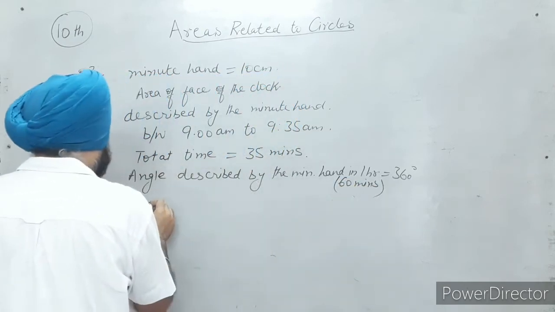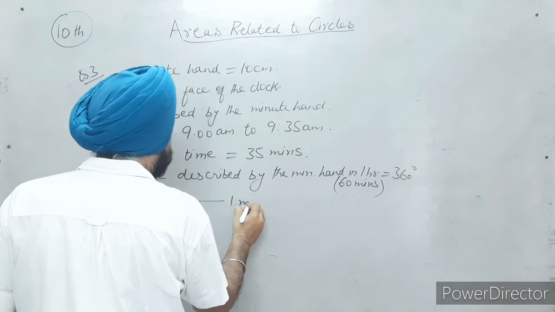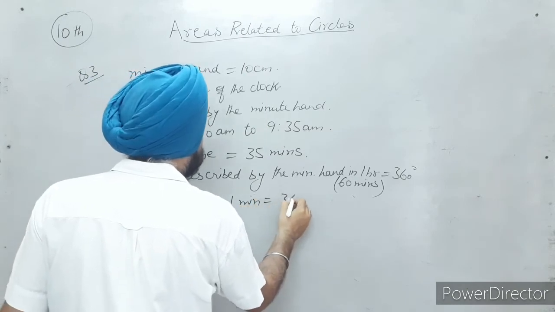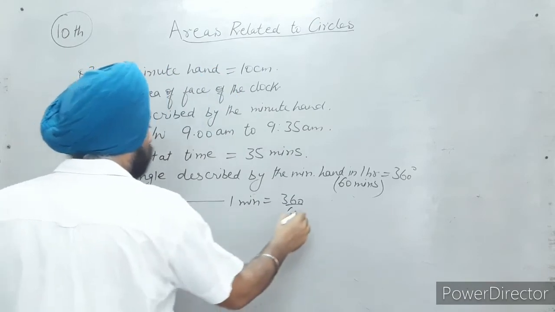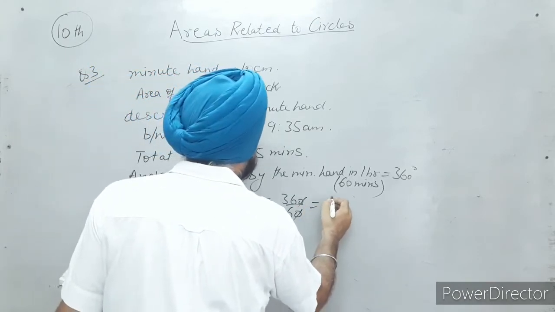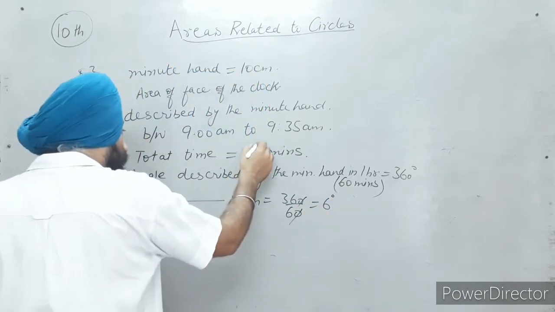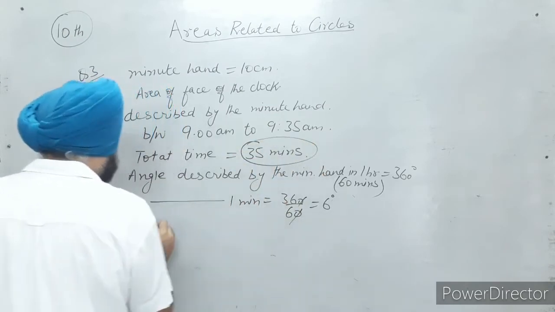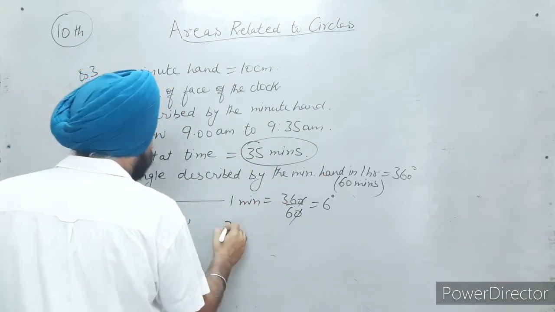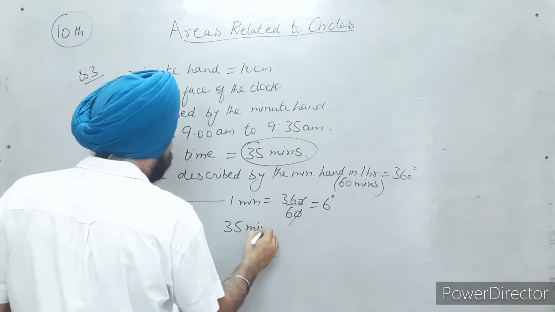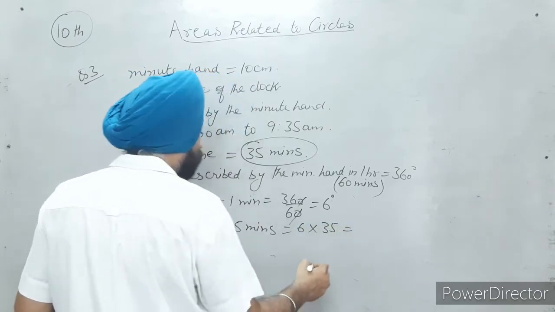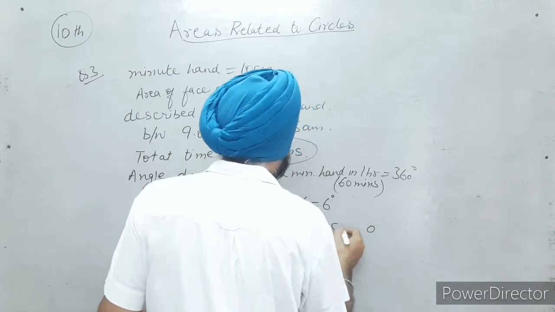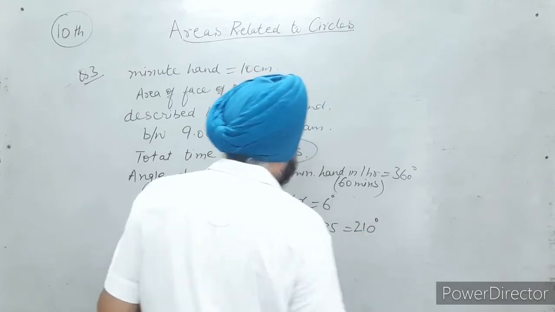Now, the angle described in 1 minute is 360 divided by 60, that is 6 degrees. Now, the angle described by the minute hand in 35 minutes is 6 multiplied by 35. That comes out to be 210 degrees.